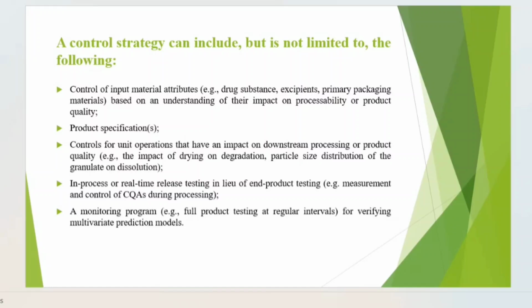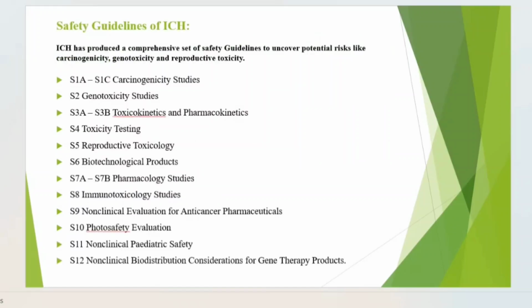Any doubt in this? Move to the next slide. So here we will finish the quality guidelines of the ICH. We have seen Q1 guideline regarding the stability, Q2 for the validation, Q3 for the impurities, then Q6 for the specification, and Q8 for the pharmaceutical development report.